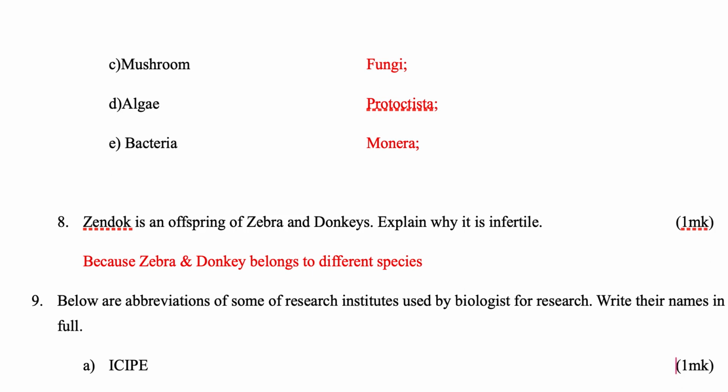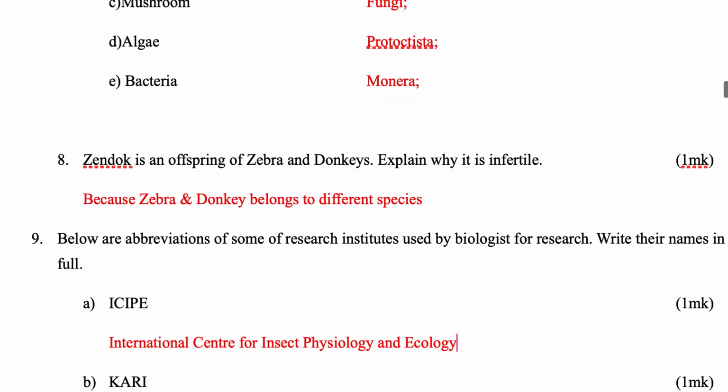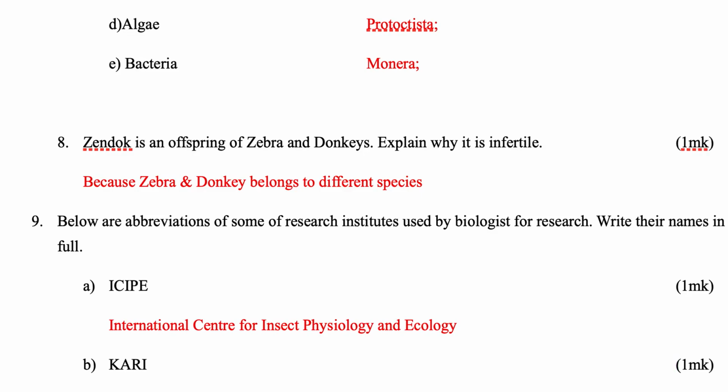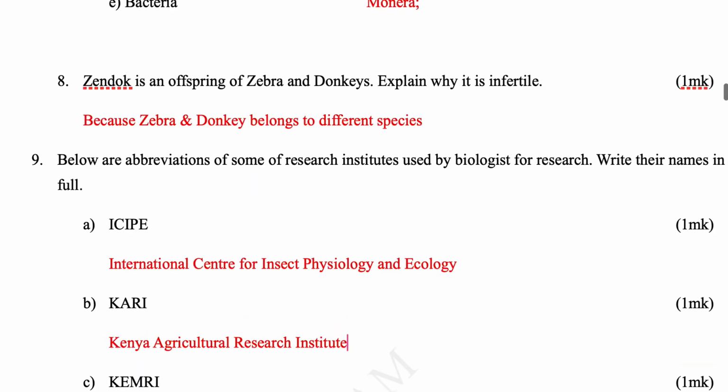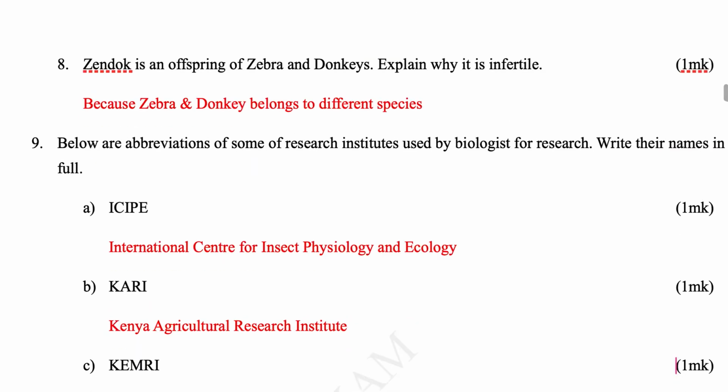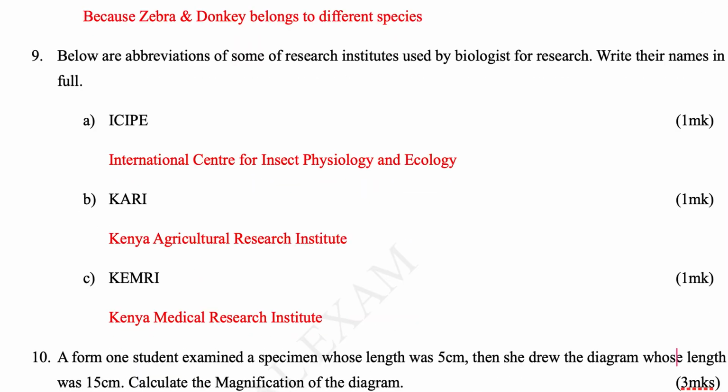Question 9. Below are abbreviations of some of research institutes used by biologists for research. Write their names in full. International Center of Insect Physiology and Ecology. Kenya Agricultural Research Institute. Kenya Medical Research Institute.